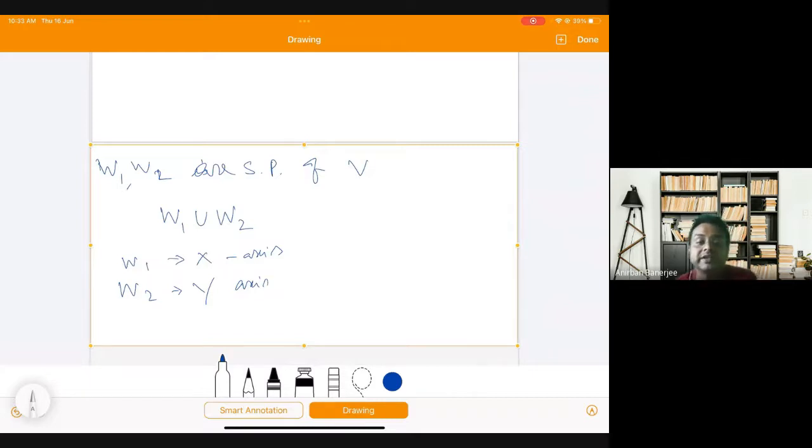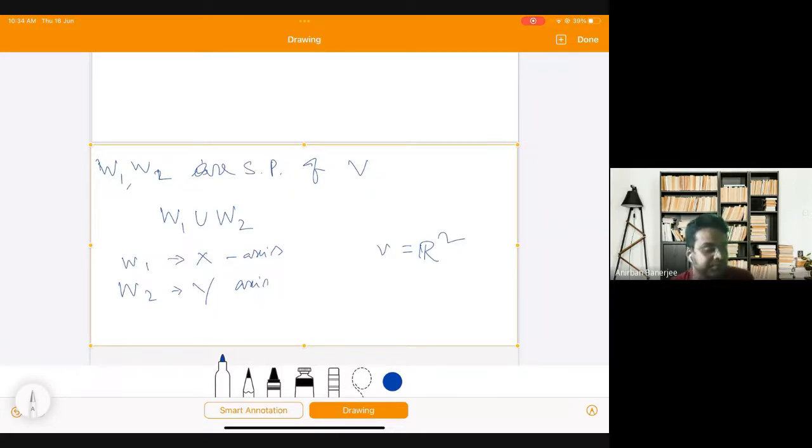Then W1 union W2, let's say your V is R2, only gives you the vectors either along the direction of the x-axis or the direction of the y-axis, not other vectors which make some non-zero, non-90 degree angle with the x and y-axis. So that's why the union will not be a subspace.